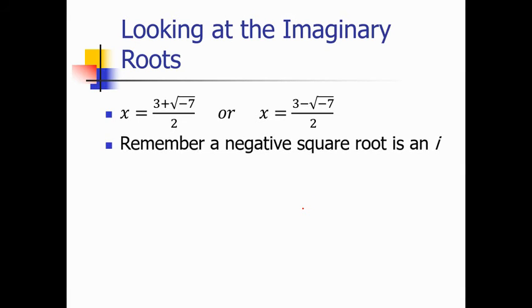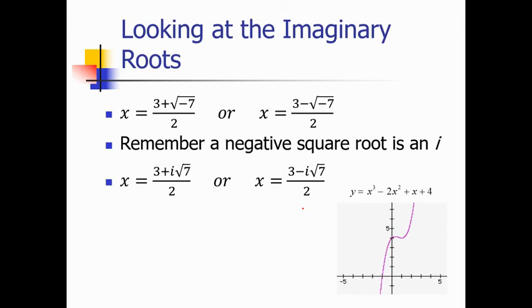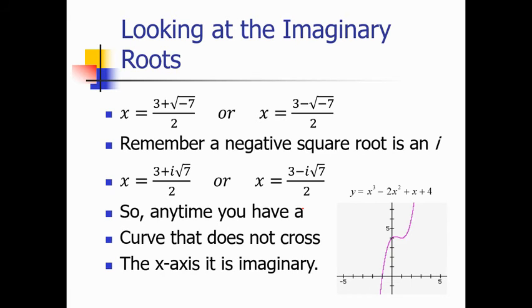So remember, the square root of a negative is an i. So we can take out the negative square root. Now notice we have two solutions. We always have a pair of these. So anytime you have a curve that does not cross the x-axis, the roots are imaginary. That's what this is telling us.